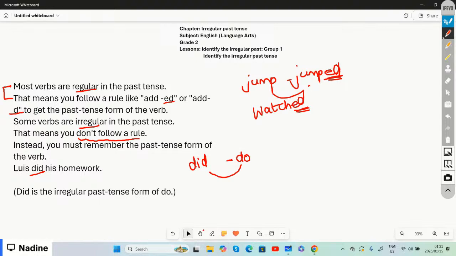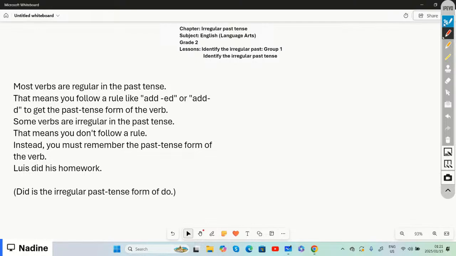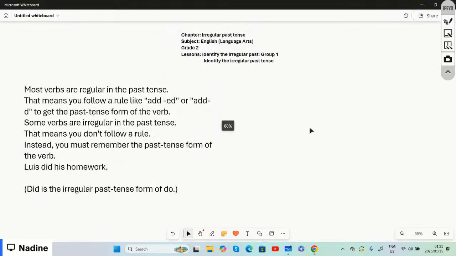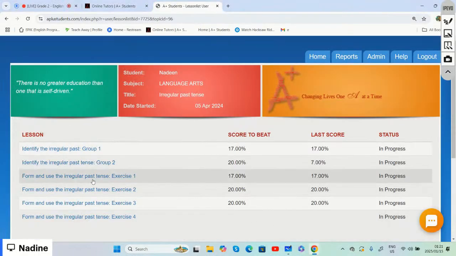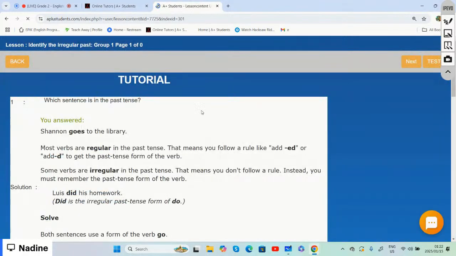All right. So now we're going to A plus students.ca, and we're going to identify the irregular past.